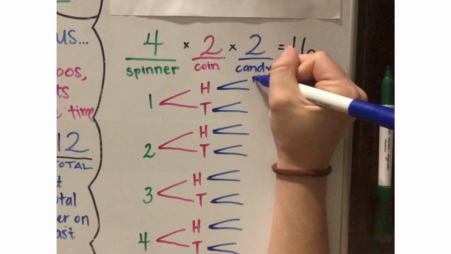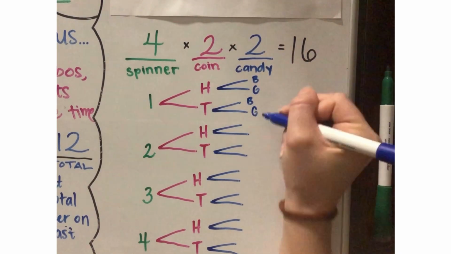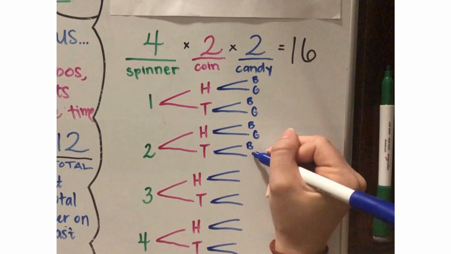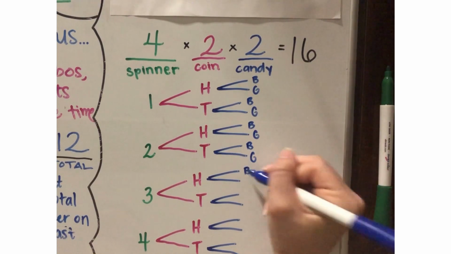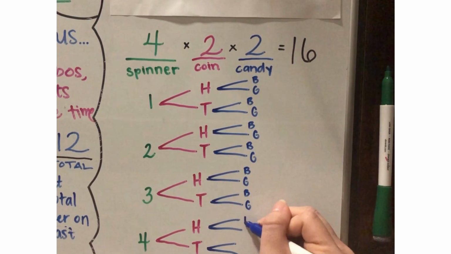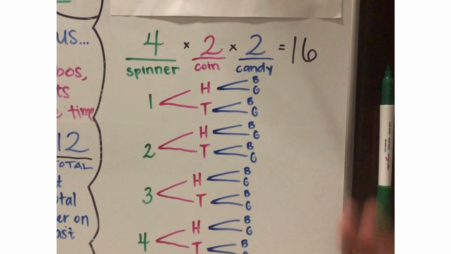And our options were blue or green. There we go. And we have 16 total options.